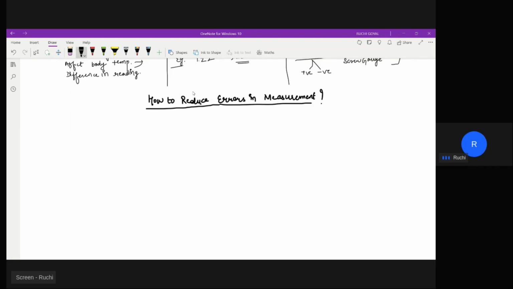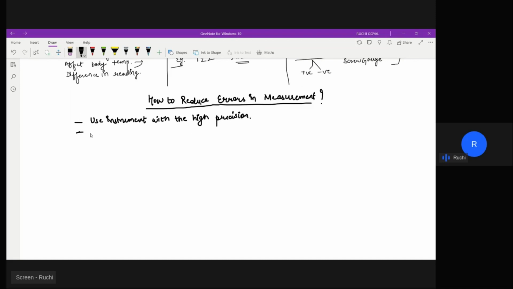So we can say, write one by one, use the instrument with high precision. If we measure the value with high precision, then the chances of error will be less. So we can write, use the instrument with high precision, right?